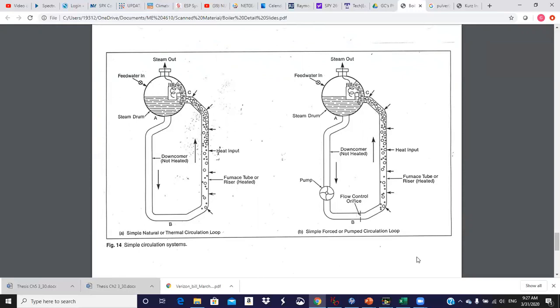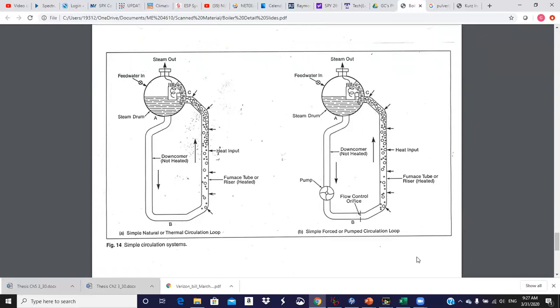Then on the right, we've got the forced or pump circulation, which you have all of that going on, but you got a pump that's put in there as well to give you additional control on it. You can get more bang for the buck out of the pump side, but again, then you got a pump that you got to maintain. They can go down. They can cause maintenance issues.